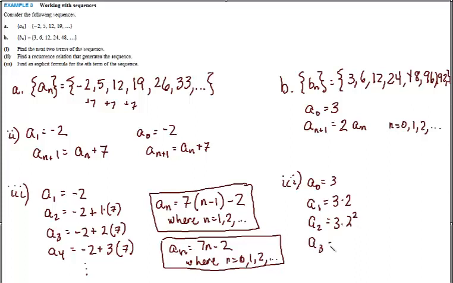A sub 3 is 3 times 2 cubed, so I could say that this were the case, and then a sub n equals 3 times 2 to the n, where n is 0, 1, 2.